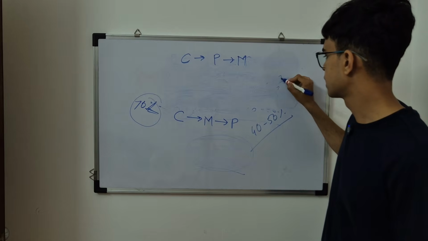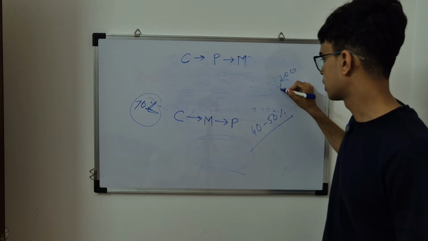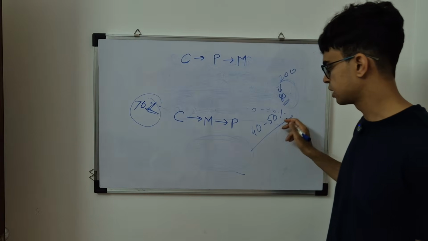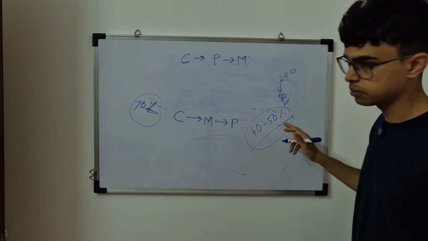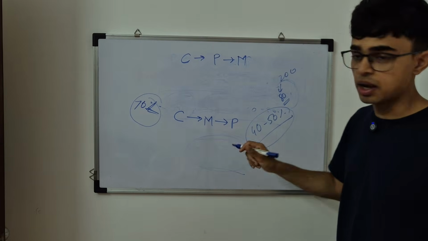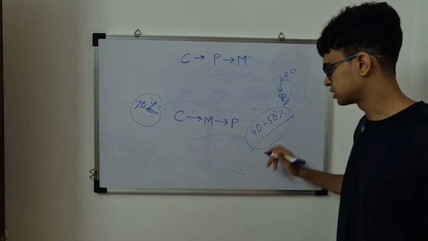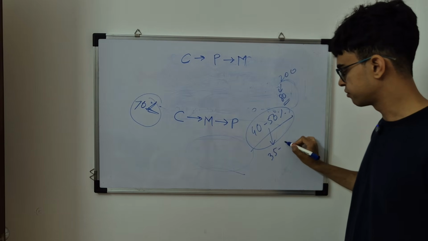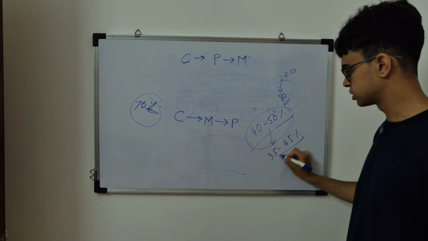So let's say you are getting 200 marks and around 80 marks are from chemistry only. If you have this kind of scenario where 40 to 50% of your marks from your mock tests are from chemistry consistently, then maybe your chemistry is stronger as compared to maths and physics, and maybe we can reduce this criterion to 35 to 45%, because this is the safe ballpark.